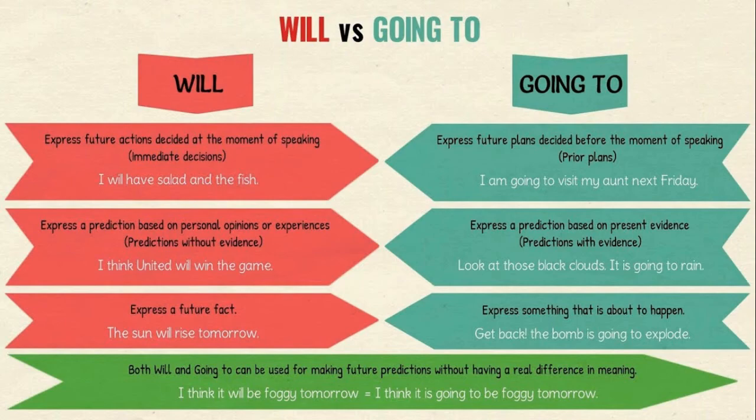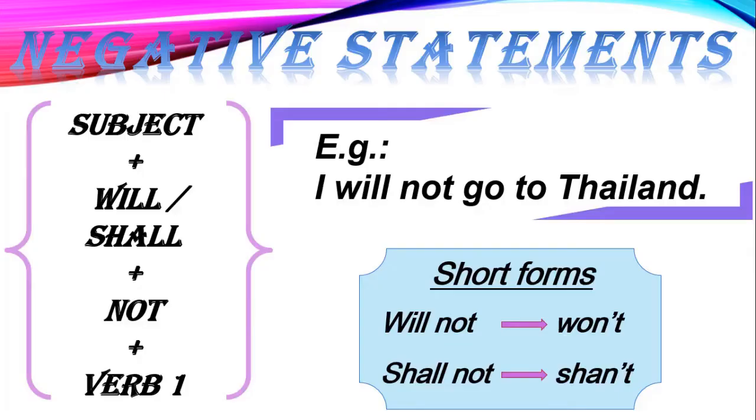To form negative statements, we can add not immediately after will or shall. So the format will be, first we have to place the subject, then will or shall, then not, then the first form of the verb. For example, I will not go to Thailand.